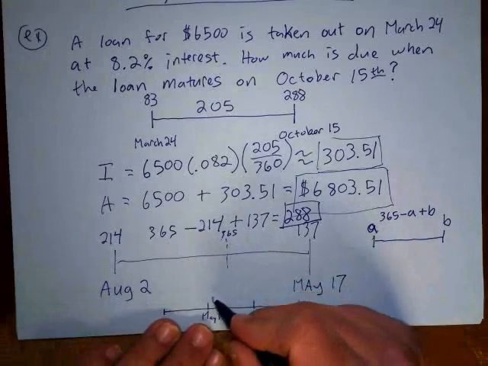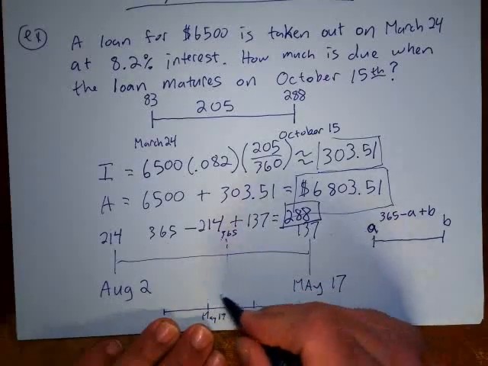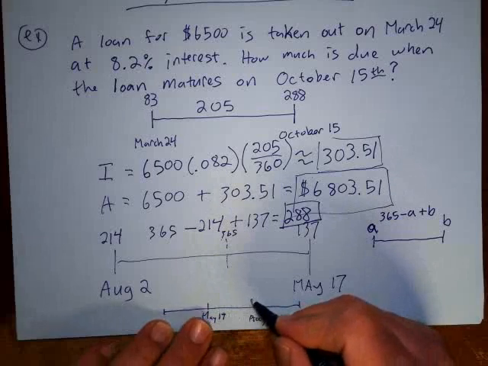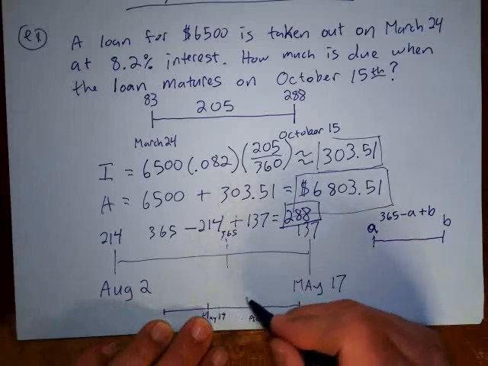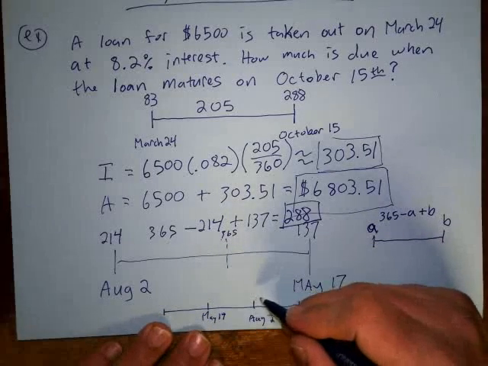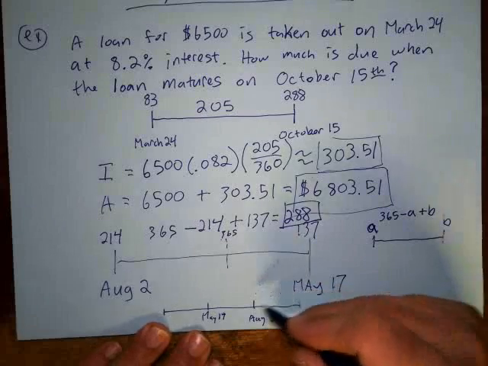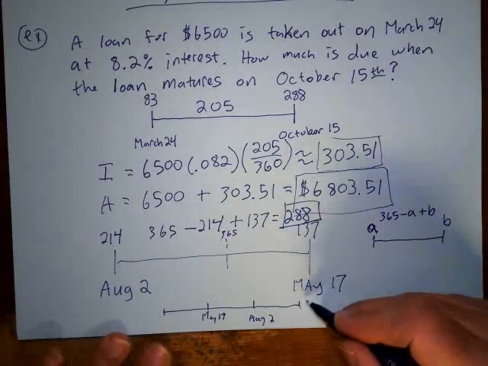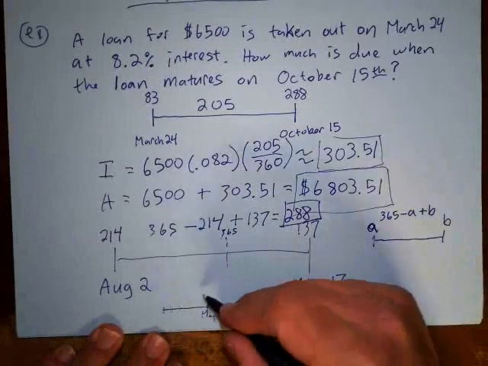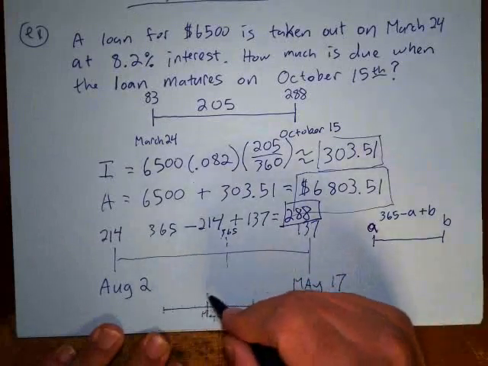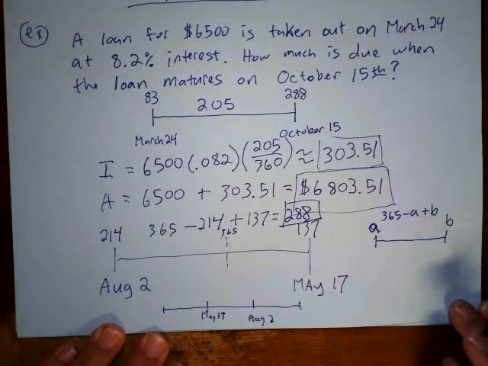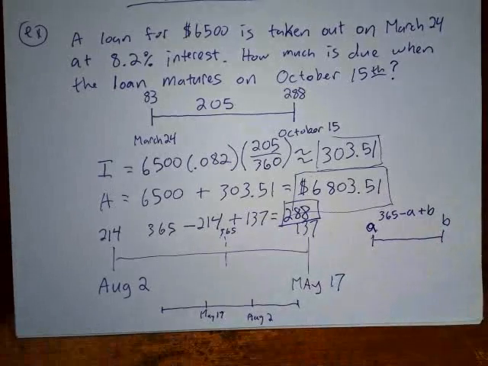So the idea is if you subtract these two and find the number of days in there, then if you take 365 minus that, you're going to get the number of days on the outside from August 2nd to May 17th. If that makes sense.